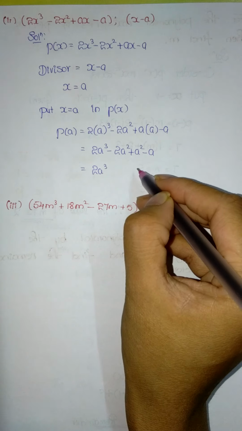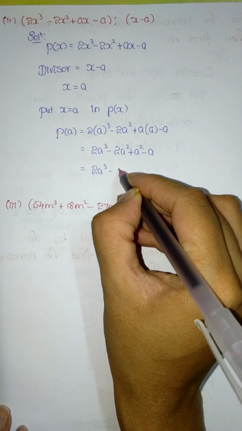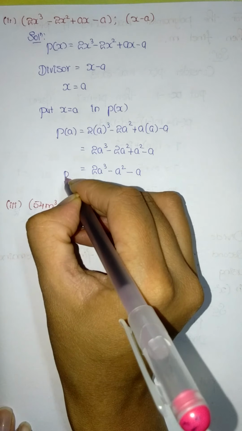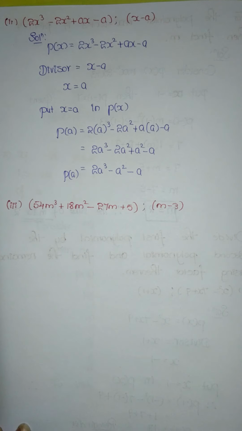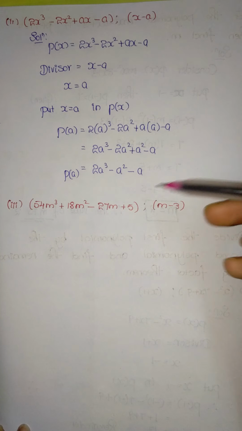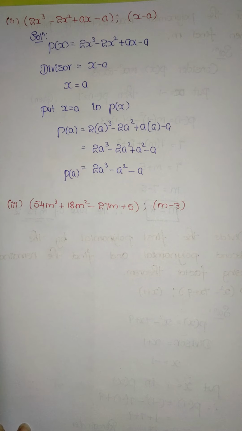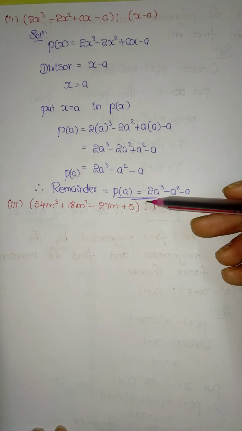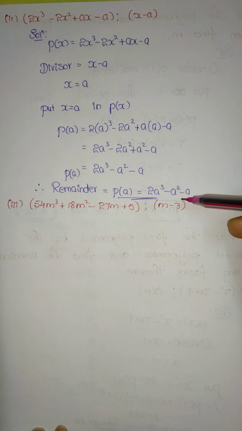So here minus 2a square plus a square, it becomes minus a square minus a. So p of a equal to 2a cube minus a square minus a. So here remainder is equal to p of a, which is equal to 2a cube minus a square minus a. So it completes our question number 2.